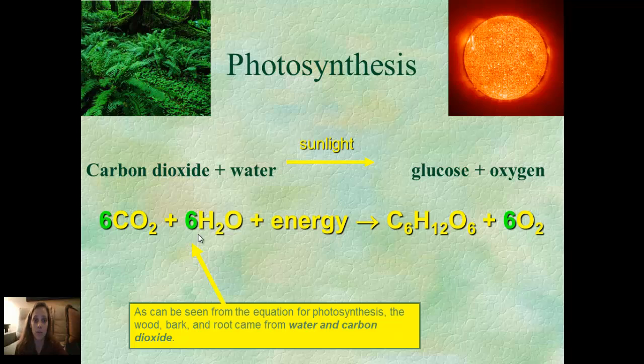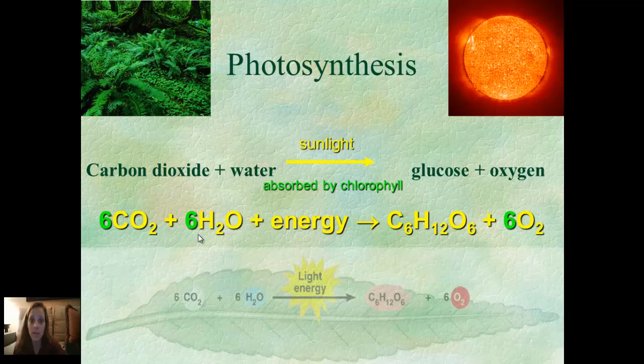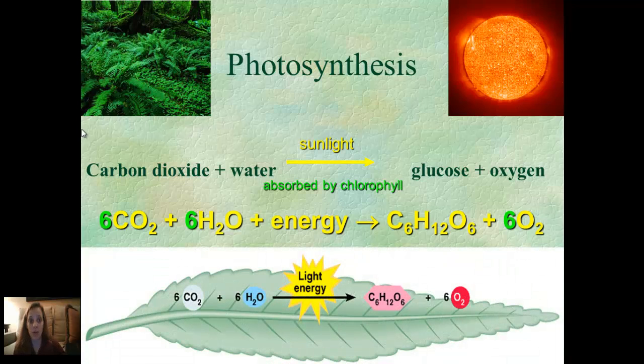And this is all due to sunlight. The sunlight is absorbed by chlorophyll, which is inside of the plants, organelles inside of the plants. So we have carbon dioxide, water, you add a little bit of sunlight, and you end up with glucose and oxygen.